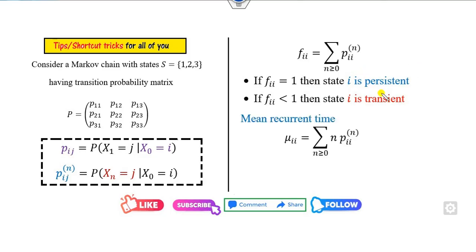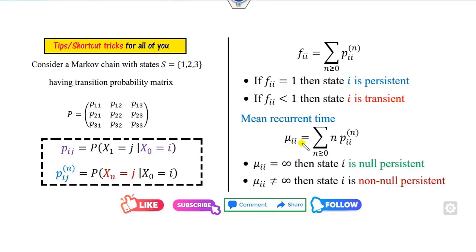Another concept is the mean occurrence time, that is, when you multiply by n. If this number is infinite, then we call it null persistent, and if this number is non-infinite, or you can say less than infinity, then we call it non-null persistent.